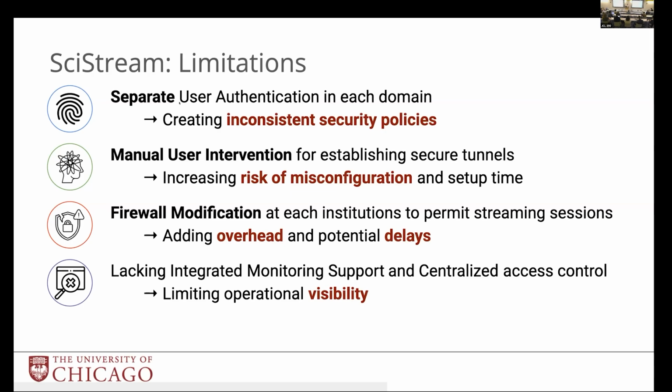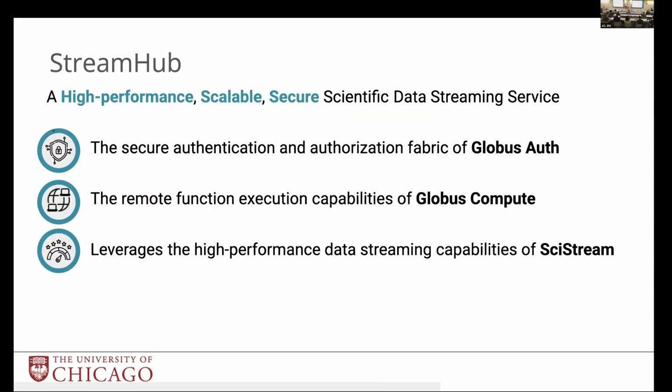Since the user might not have root or administrative privileges in all of these facilities, the firewall rules should be modified to allow the user and the service to have internet access. Finally, it doesn't have any monitoring interface or availability, so we can't monitor the network status and the data transfer.